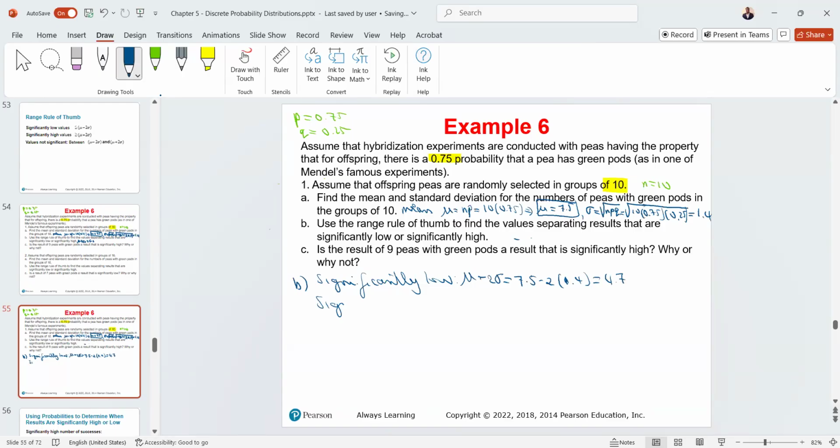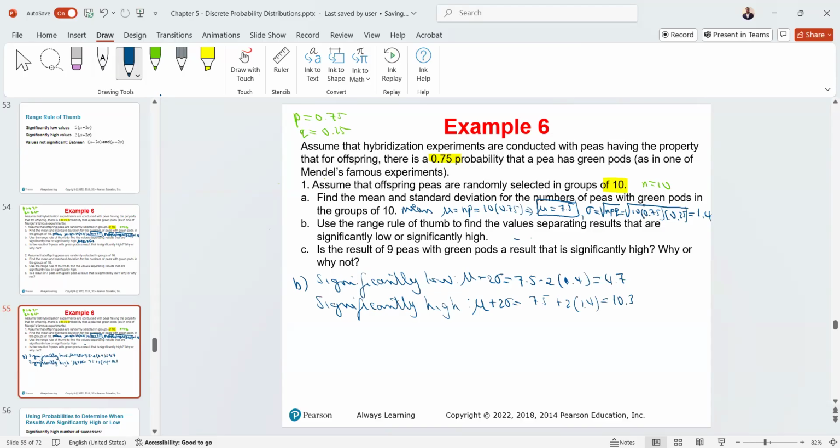Significantly high. Okay. Significantly high is the mean plus 2 standard deviations, 7.5 plus 2 times 1.4. The answer, when you do significantly high, it gave us 10.3. Right?